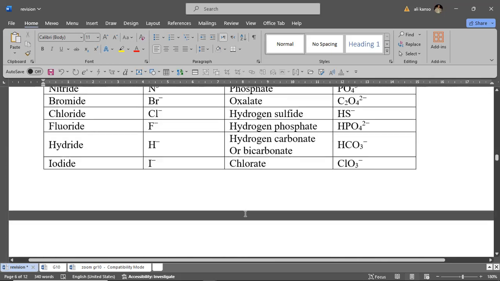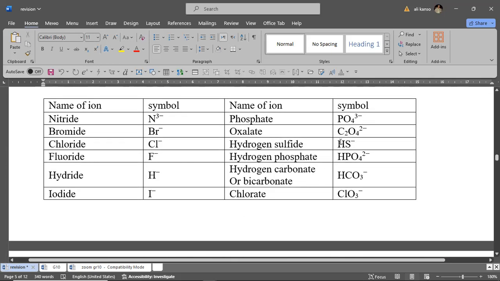Here in the booklet, we have hydrogen sulfide. We spoke about hydrogen phosphate, or biphosphate, hydrogen carbonate or bicarbonate.